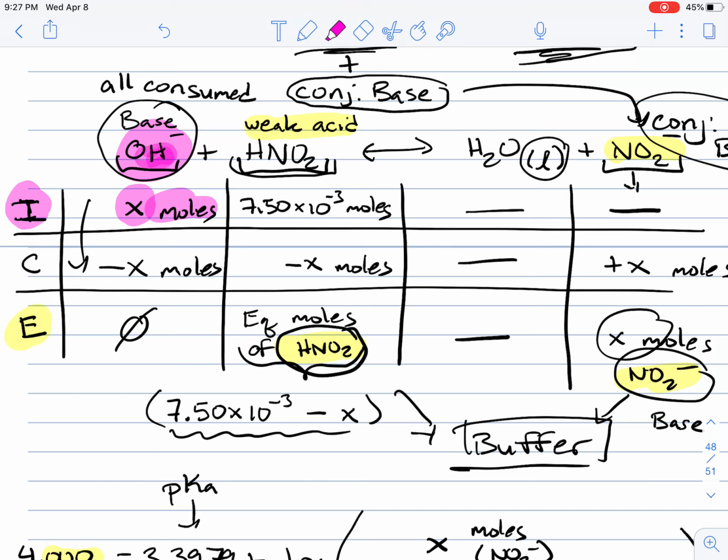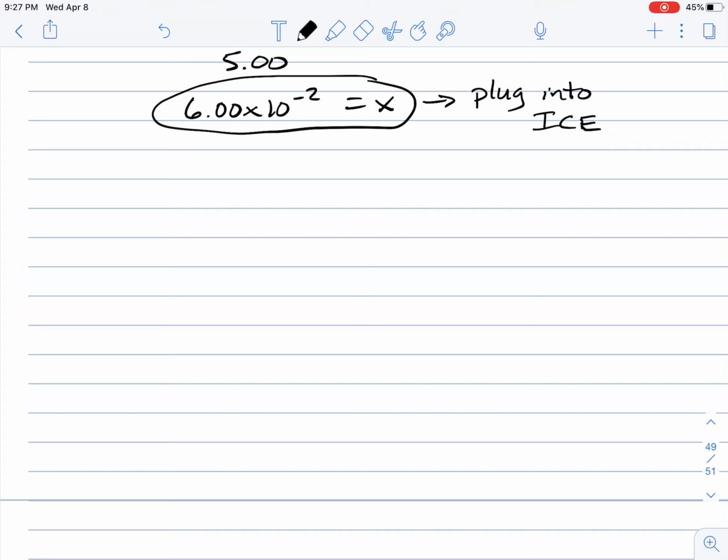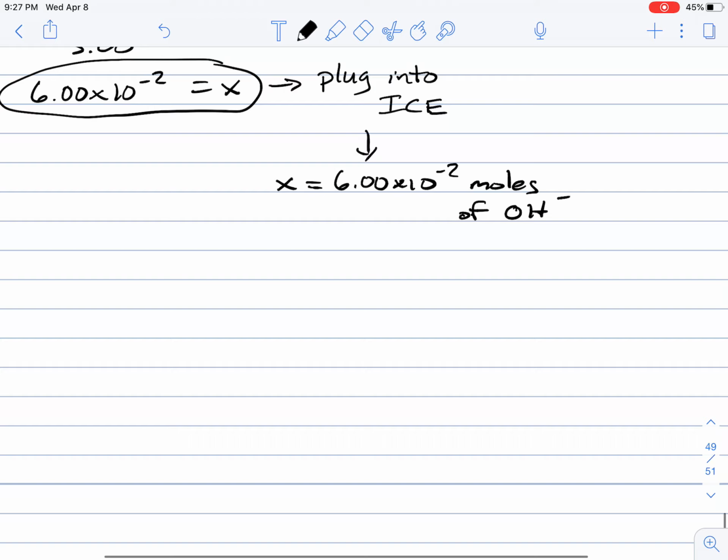Rather, we're going to go ahead and conclude from our ice table that one of the values for X that it can represent is the moles of hydroxide. More specifically, the initial moles of hydroxide.